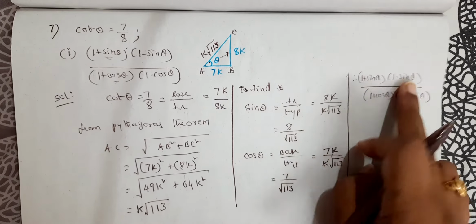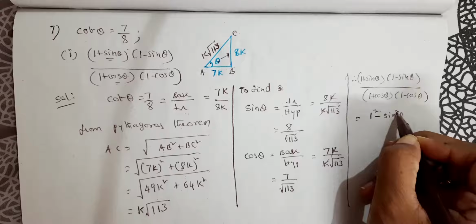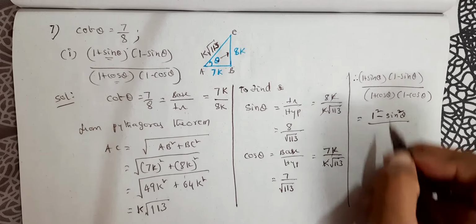So a square minus b square, that is 1 square minus sine square theta, by 1 square minus cos square theta. So this is what I got. Now sine theta is 8 by root of 113.